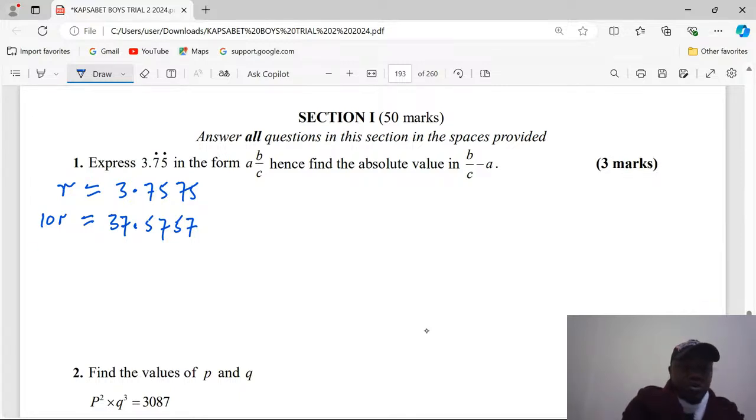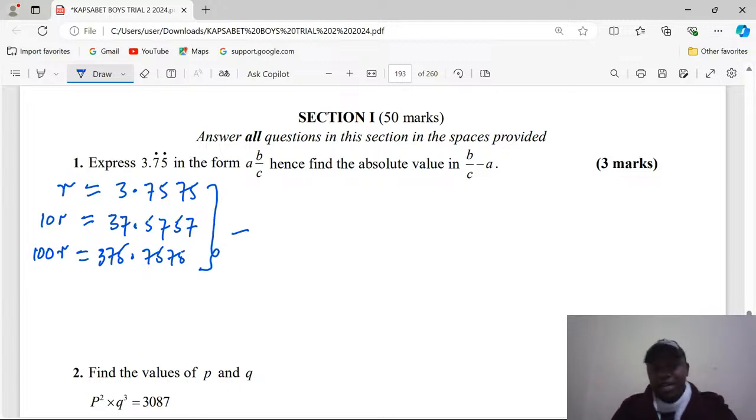So we proceed to 100R. 100R equals 375.7575. That means now the first one and the third can be subtracted to give a 0, such that the decimal part is ending. And so we shall have them subtracted upwards.